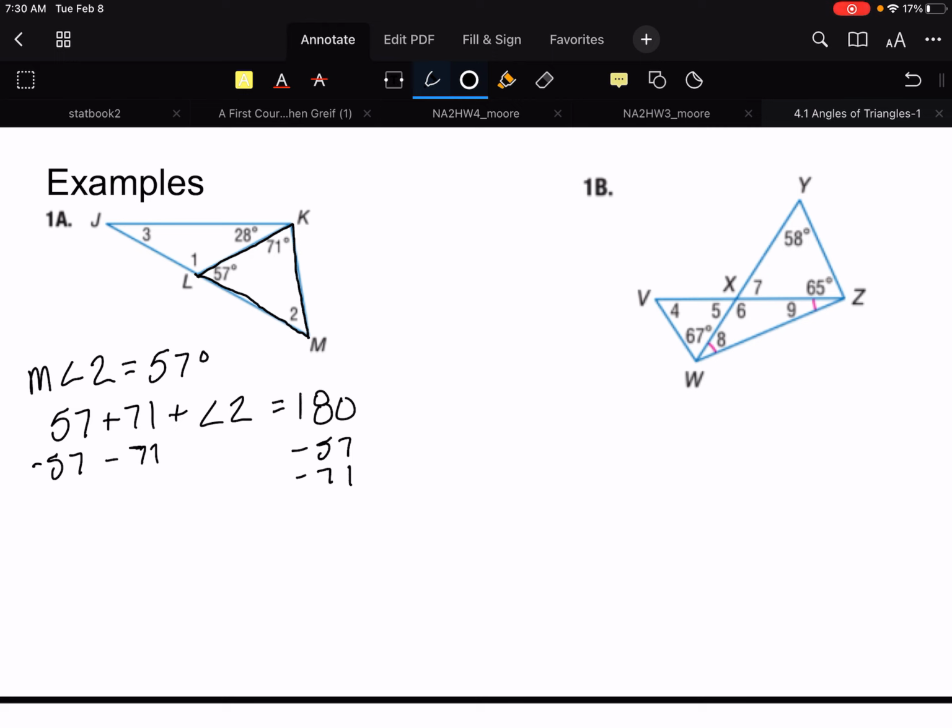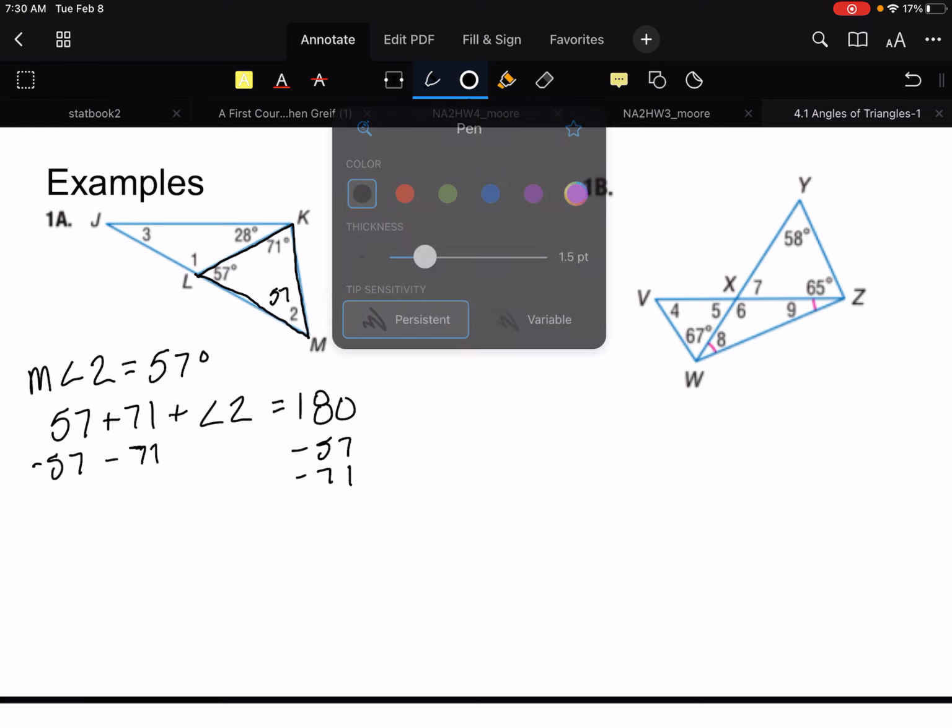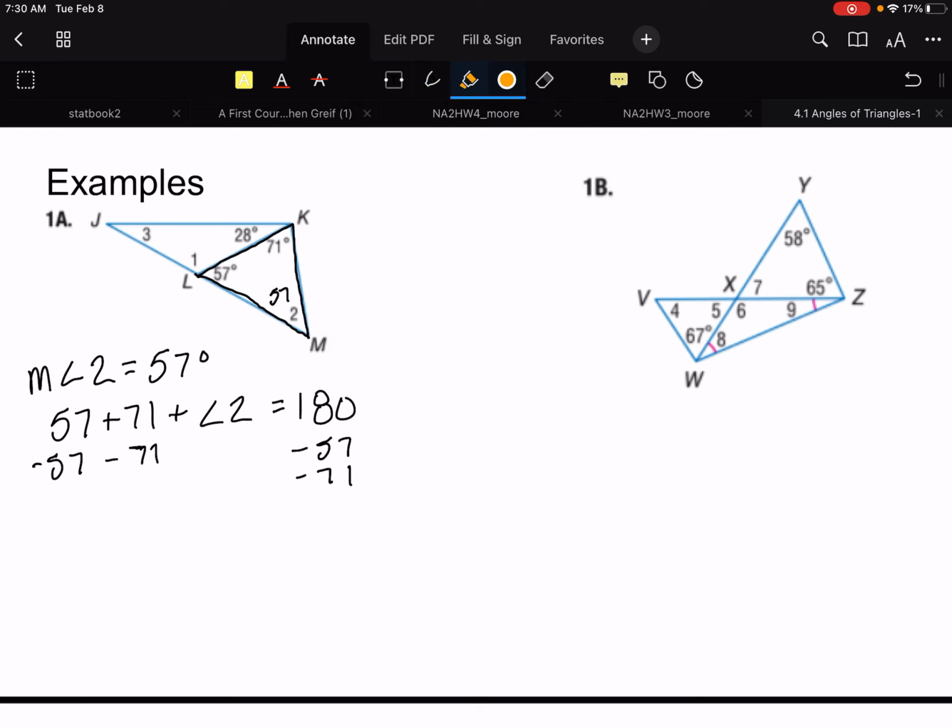All right, the next one that we can solve for is, we know that these 2 angles are on a straight line, meaning they are supplementary to each other. So for the measure of angle 1, I've got 57 degrees plus angle 1 is equal to 180.